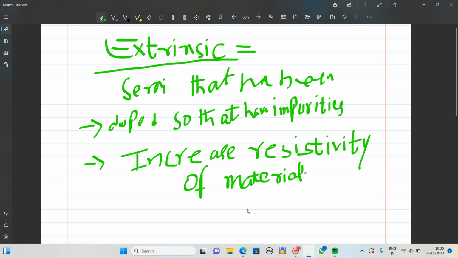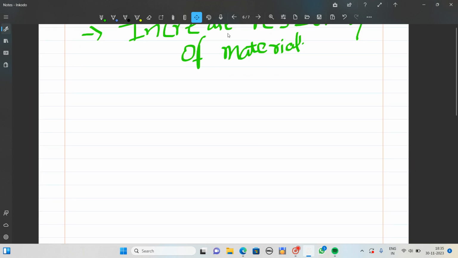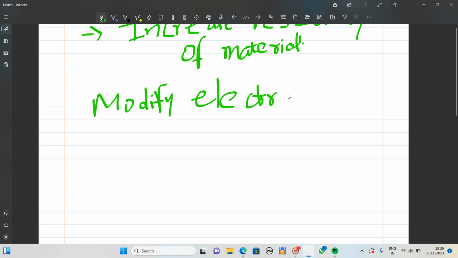Or you can say that they are doped in order to modify the electrical properties of the semiconductor material.